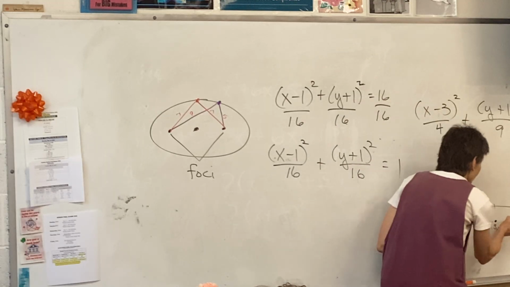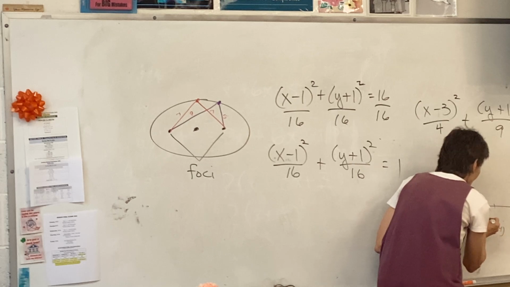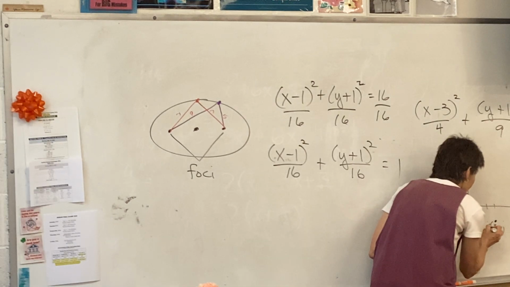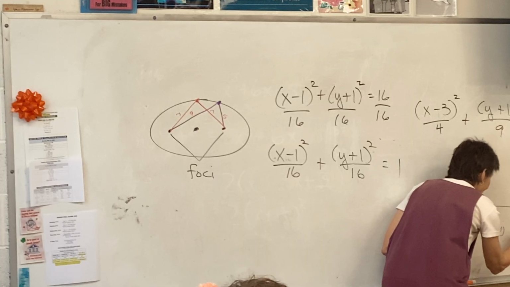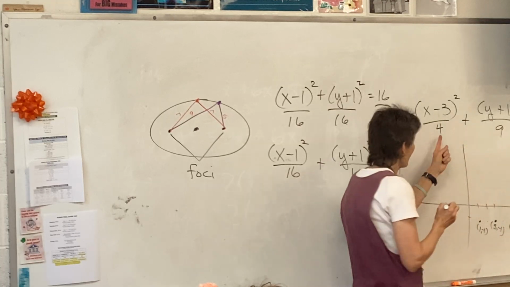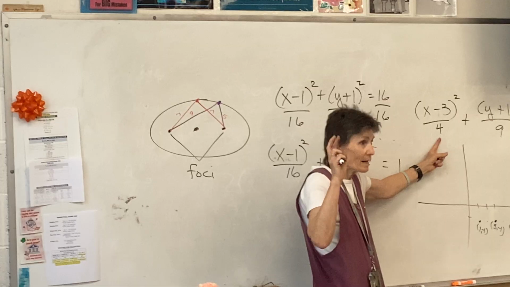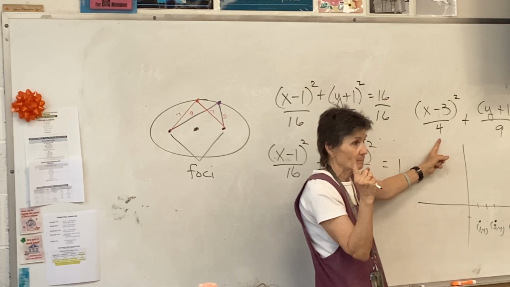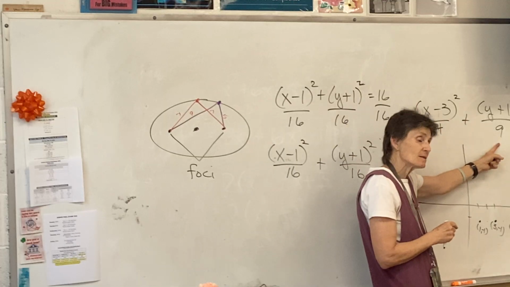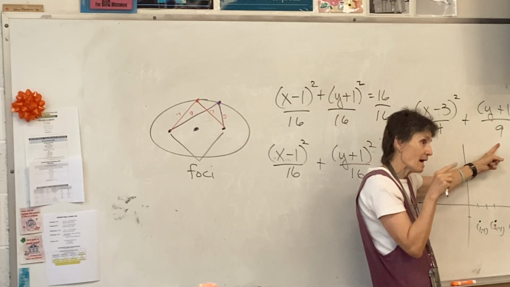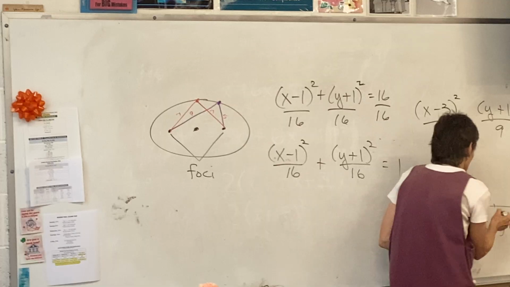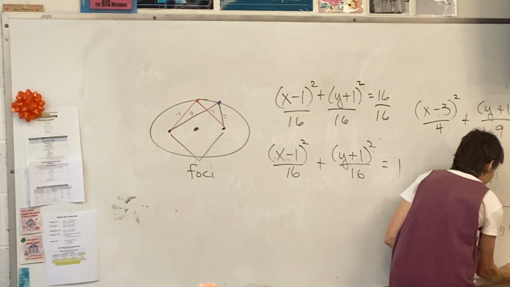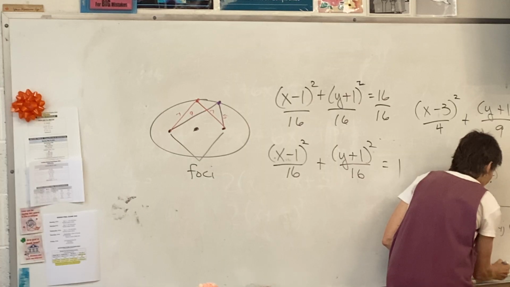So I'm going to count forward 2 and backward 2, putting me at (1, -1) and (5, -1). So that number is like the radius, except it's only in this direction. And then what do you think that 9 means? 3. Up and down 3. So this is (3, 2), and this would be (3, -4).